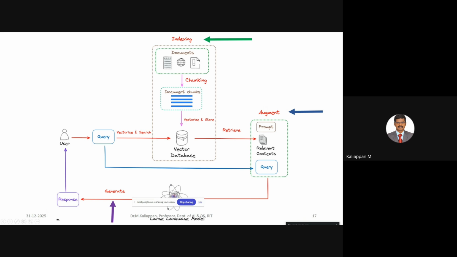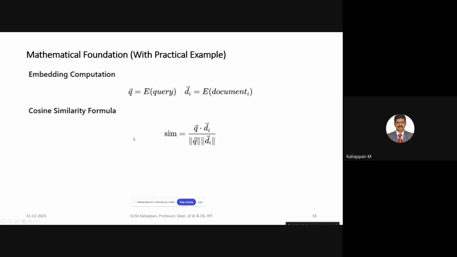This is matched with the already stored vectors in the vector database, then the relevant document is retrieved. Then in the augment section, the relevant prompt or relevant context is matched with your query. Then these top k matches are given as input to the LLM, then it generates the response. Now the user gets the relevant answer or relevant document. This is another typical architecture of RAG.